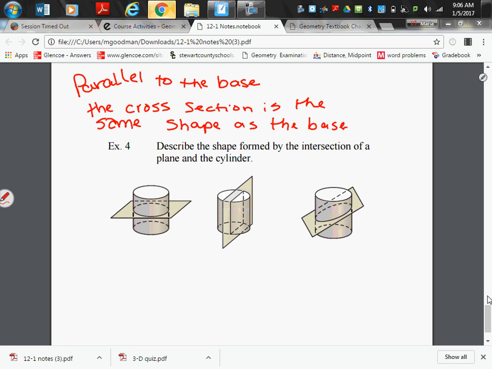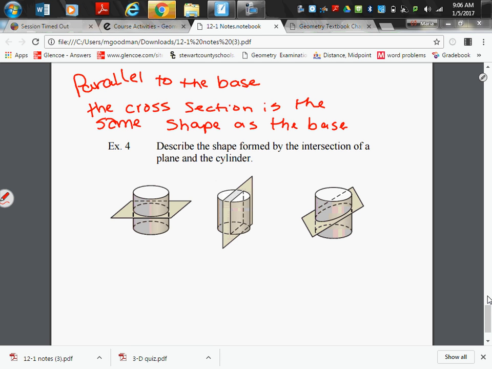So if you take a cross section of a 3-dimensional shape and you cut it parallel to the base, it will be the same shape as the base.